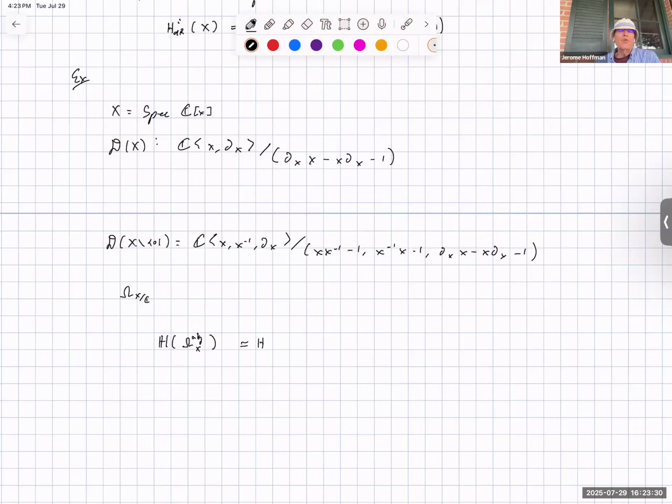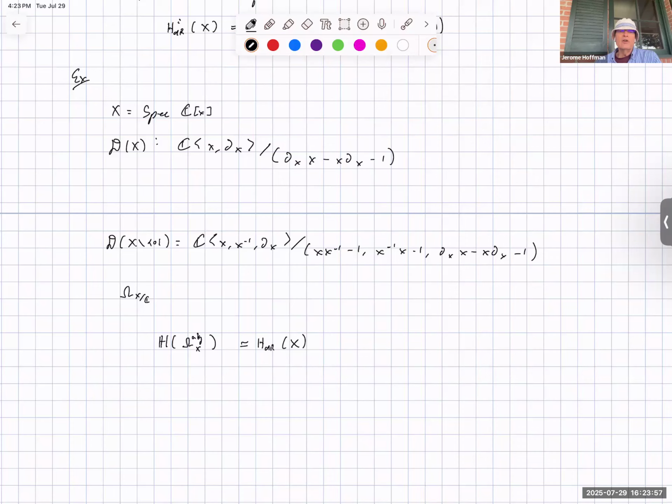You have de Rham cohomology of manifolds, just smooth manifolds. If you have a variety over a field of characteristic 0, and you embed that field into the complex numbers, you get an analytic space. And that analytic space has analytic cohomology. And Grothendieck proved that those are isomorphic. It's called the algebraic de Rham theorem.